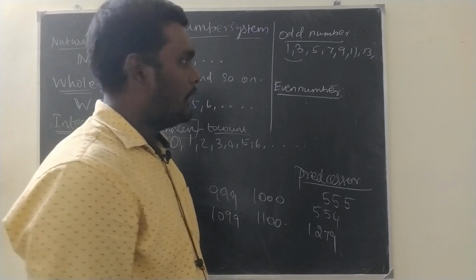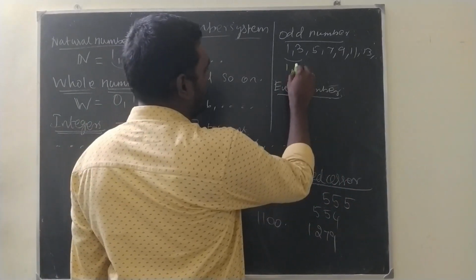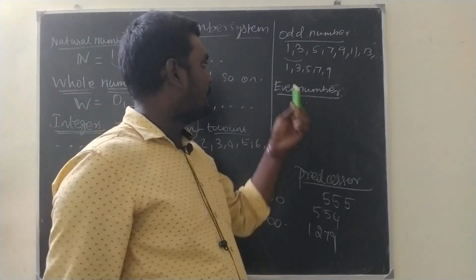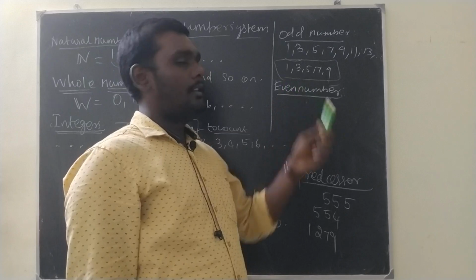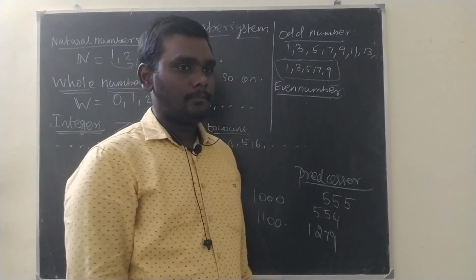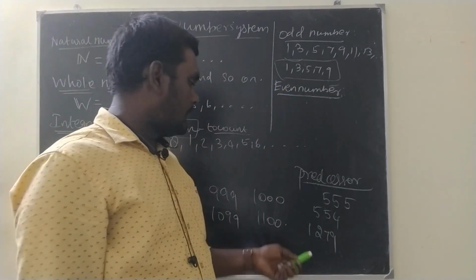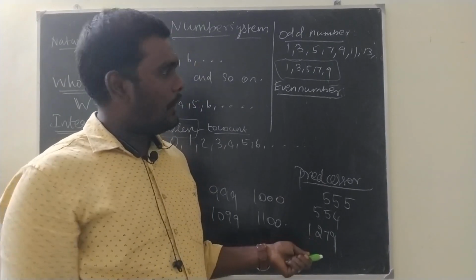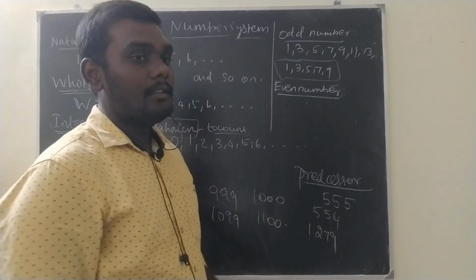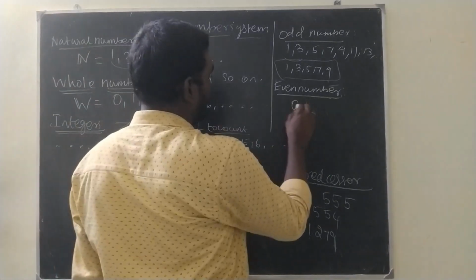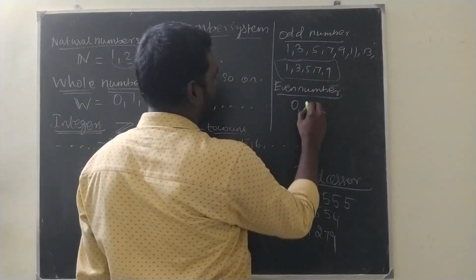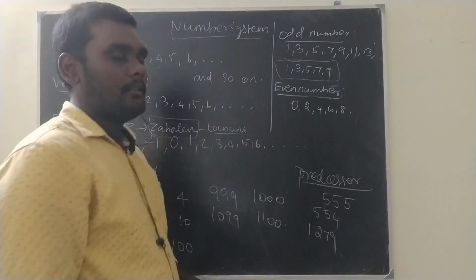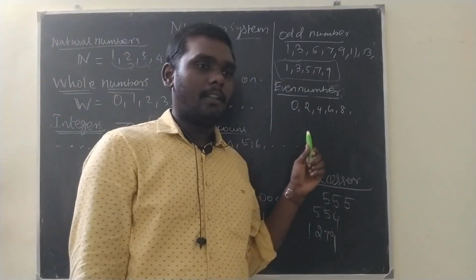Also, the numbers which end with 1, 3, 5, 7, 9 are called odd numbers. And see here I said 1279. That is odd or even? Odd number. Then even number means the number which ends with 0, 2, 4, 6, 8. So whichever number ends with these digits is called an even number.